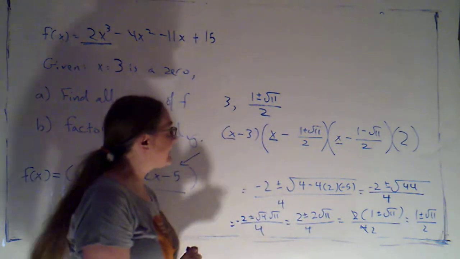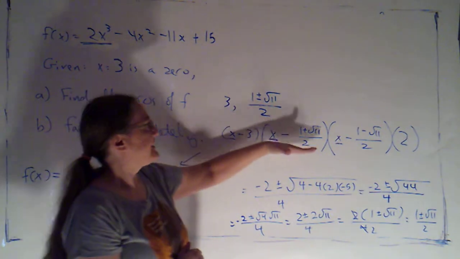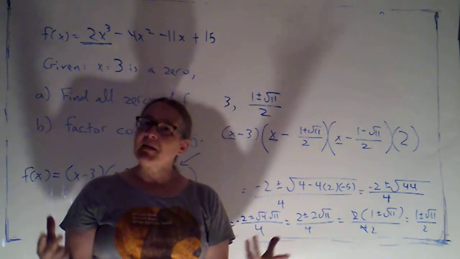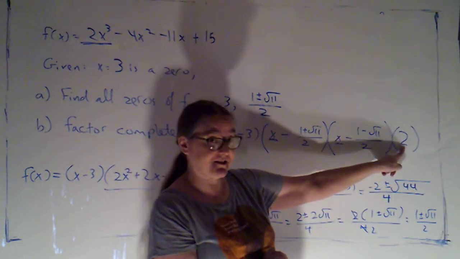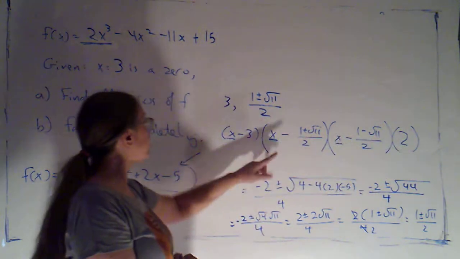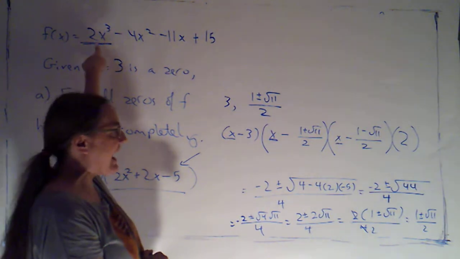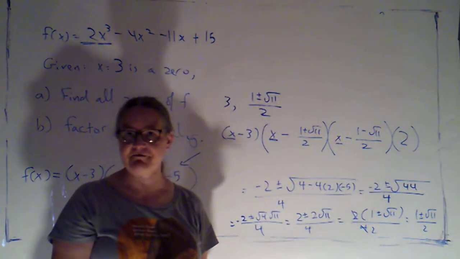But it's not necessarily the case that if you have three zeros, x minus the first 0 times x minus the second 0 times x minus the third 0, that might not cover all of your factors. You could have an additional constant factor. You need to just double check that you're going to get the correct lead term. Now we do, so this is completely factored.